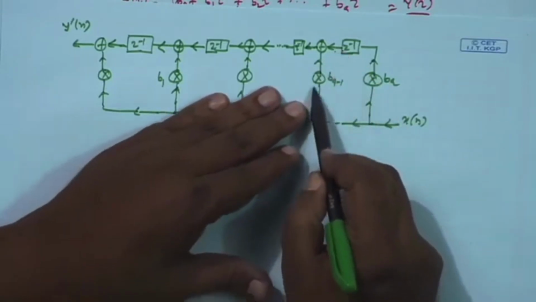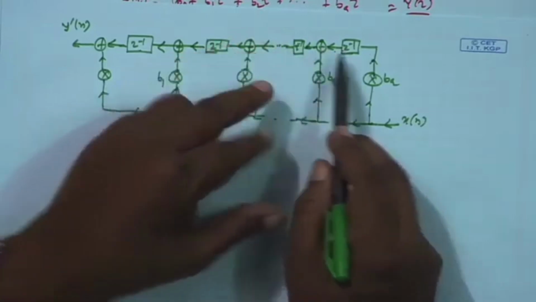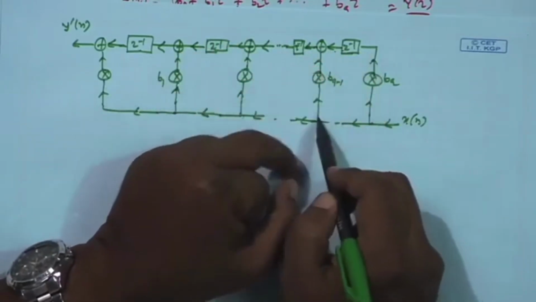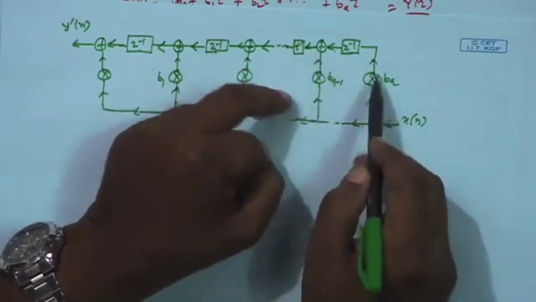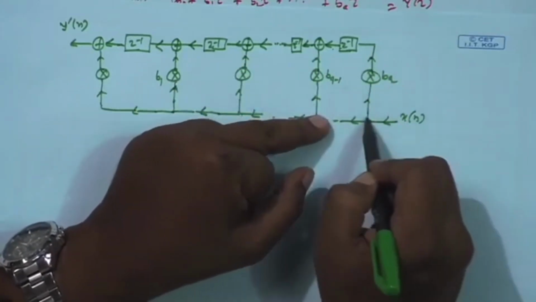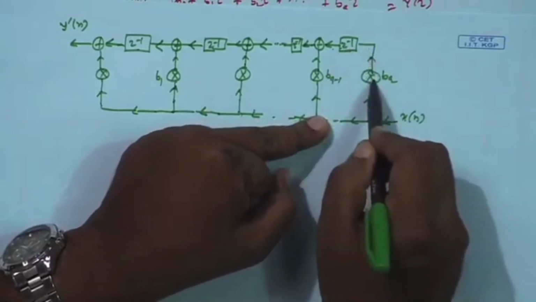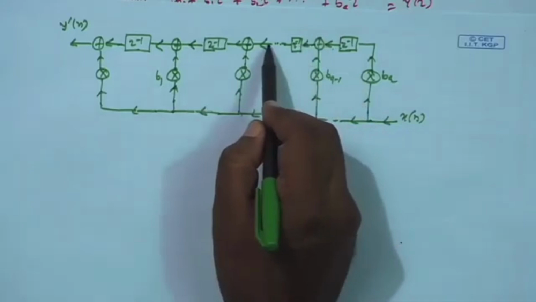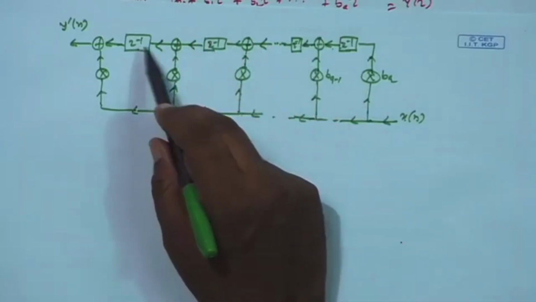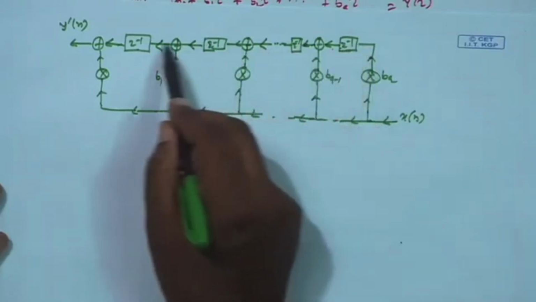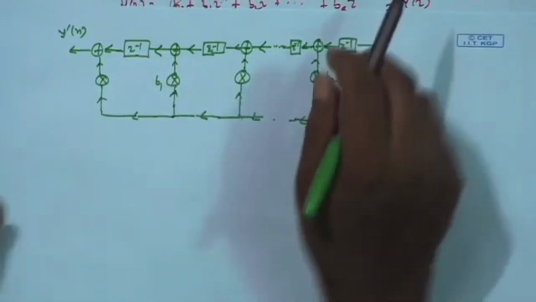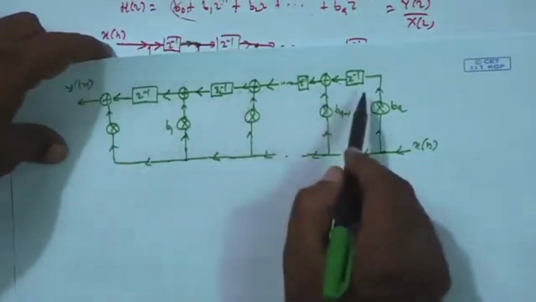There is a contribution coming from this side, they get added and move forward, but suppose I take this contribution alone separately, do not mix up with this, I will take this also separately through this path. Finally, I will add. So, this contribution goes like this, Xn into Bq Z inverse, then another Z inverse, Z inverse, Z inverse. So, that component reaches here separately as Bq into Xz into Z inverse Q, because there are Q stages.